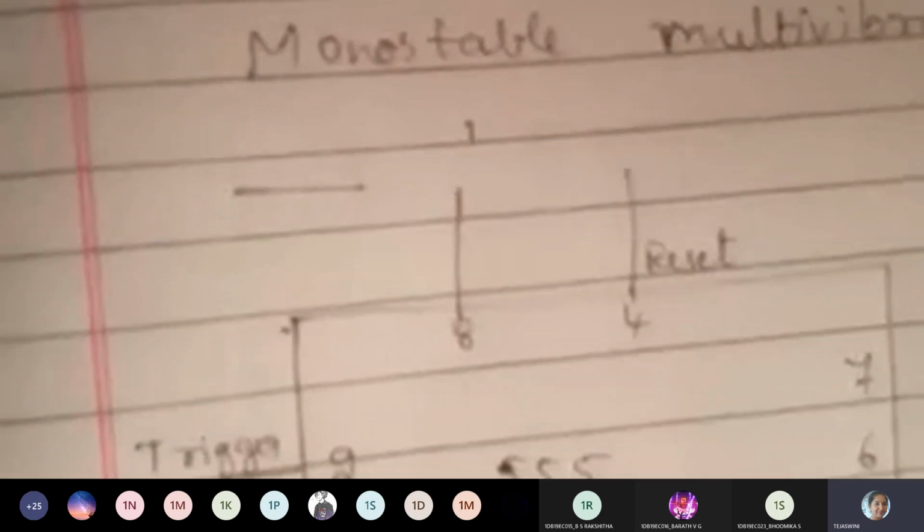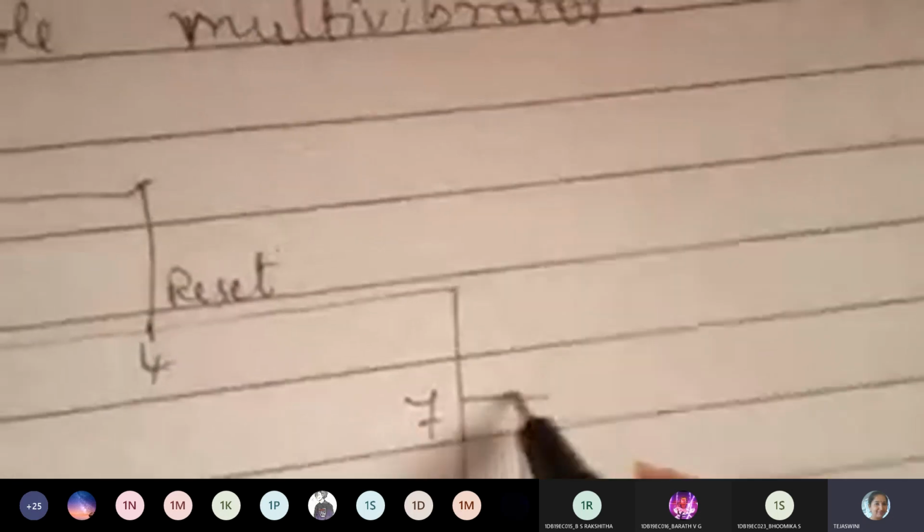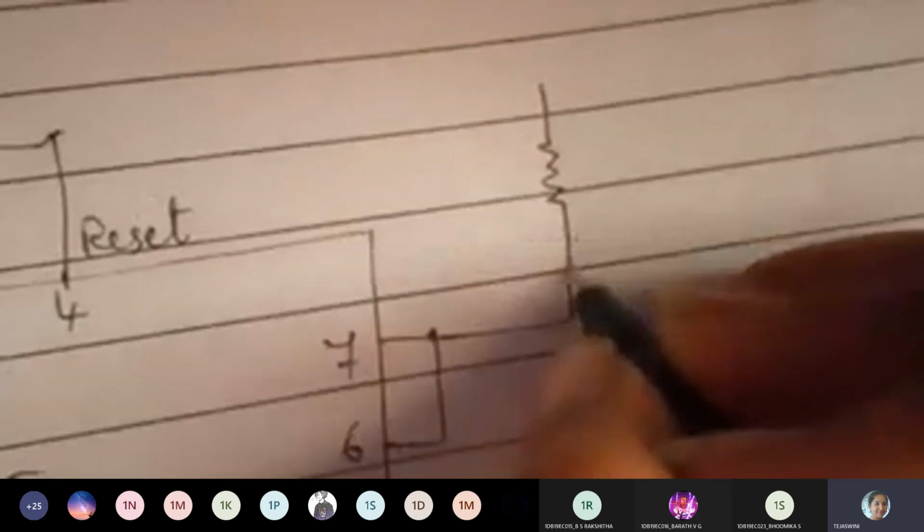And pin number 3 is for output, and pin number 8 and pin number 4 are shorted and given to VCC. Pin number 4 is reset, that is also shorted and given to VCC. And pin number 7 and 6 are shorted, and connected to resistor RA, and it is also given to VCC.